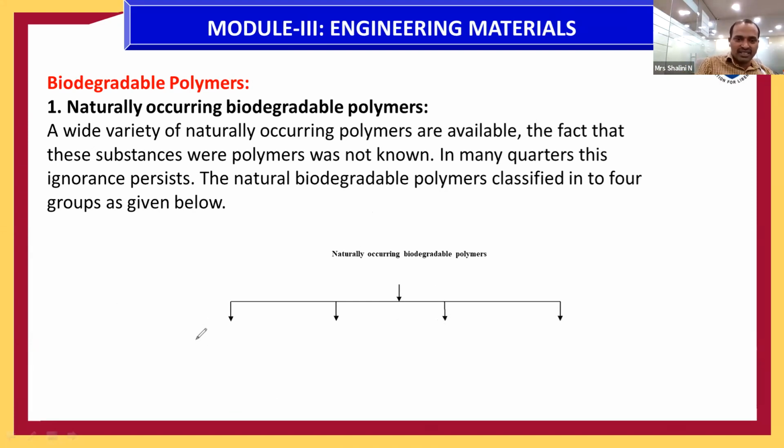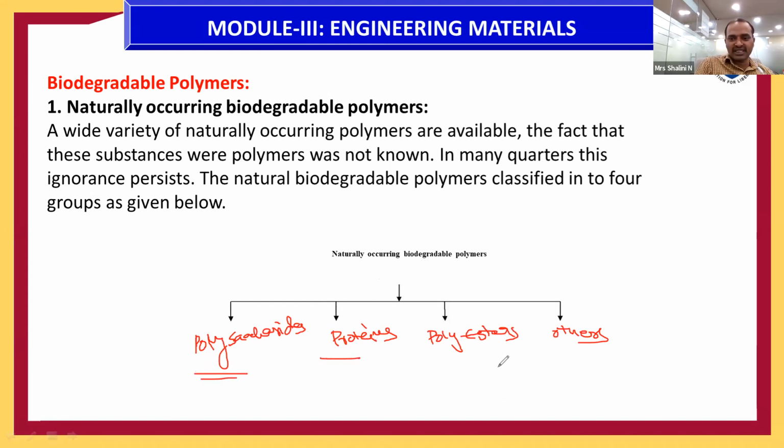So these naturally occurring biodegradable polymers are classified into four types: polysaccharides, proteins, polyesters, and others.